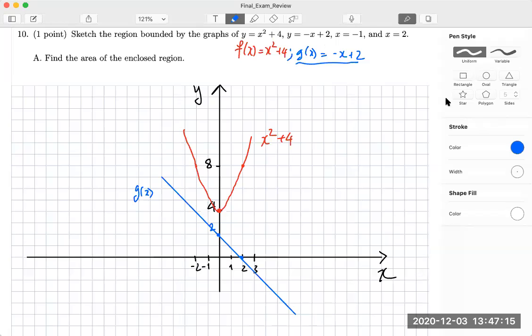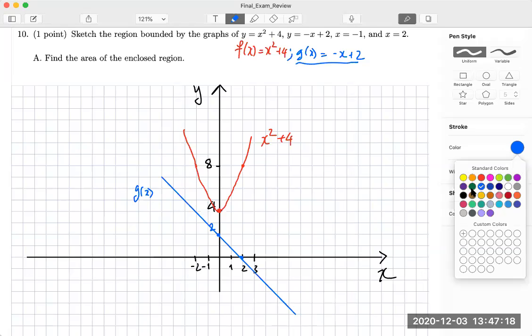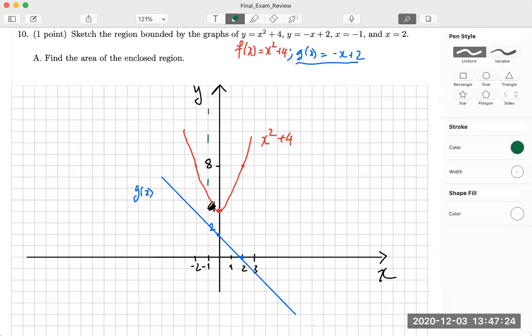Now the line x equal to -1 is here. So x equal to -1 is this green line. Let us draw it like this. And this is the line x equal to 2.